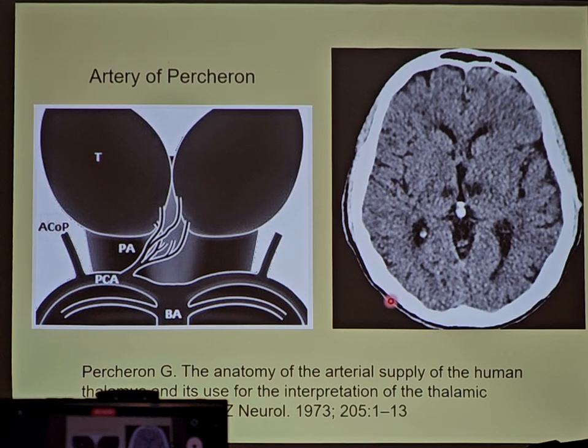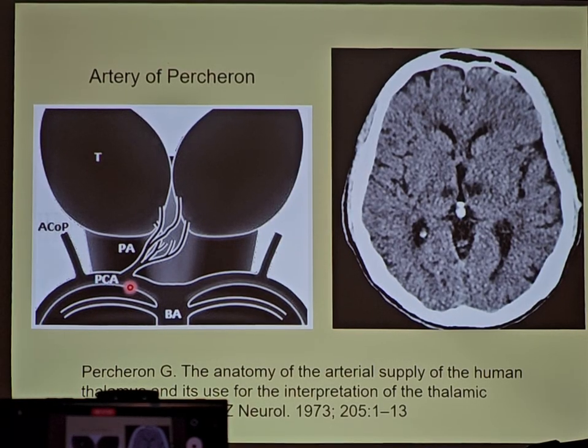At the spinal level also, it is invariably the case that all the vessels on one side supply the ipsilateral side, and we do not see, as Philip mentioned, vessels crossing the midline. That doesn't occur. The exception is this particular configuration, which is called the artery of Percheron, where the deep supply to both sides, basically the thalamic region on both sides, is coming from a single trunk on one side.